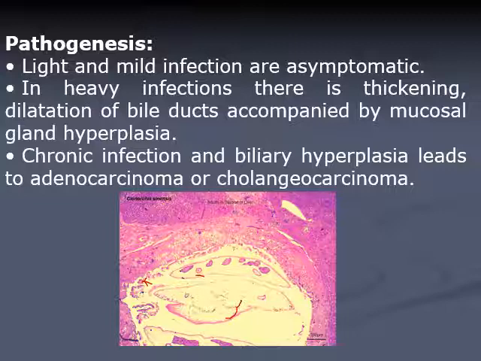The submucosa, as we see here, is very thick, and also there is fibrous changes here or excessive fibrosis around the bile duct, and this is the liver tissue here.